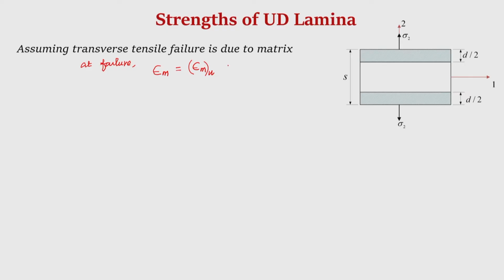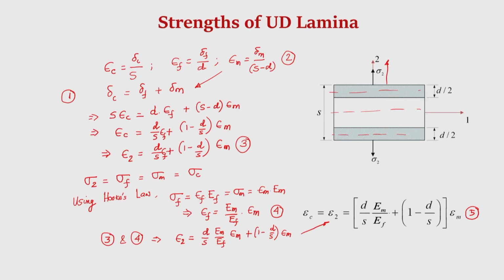That means, if this is the condition, the composite strain in the transverse direction at that point is nothing but the transverse tensile strain. From the last equation, equation number 5, we can replace epsilon m by epsilon m u and epsilon 2 as epsilon 2 T u.